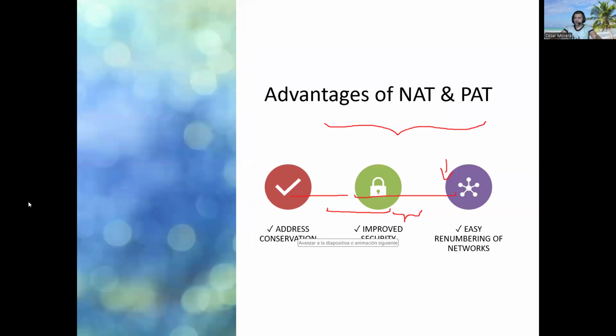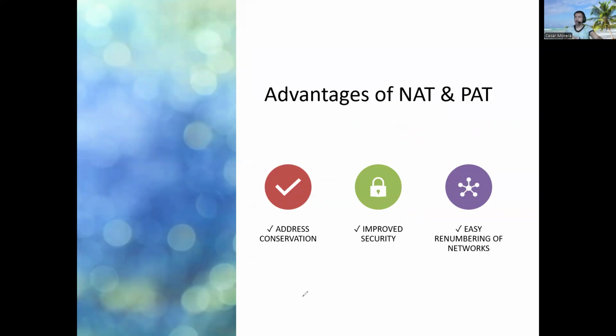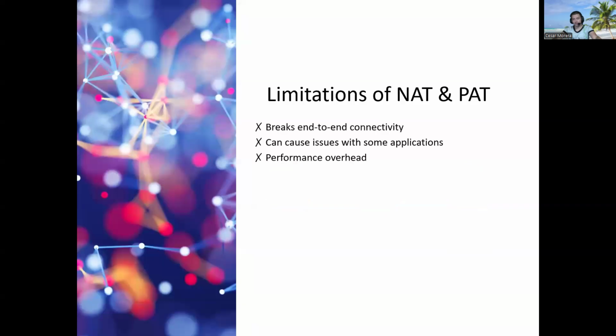Now let's clear the drawing, and what do you think can be an advantage of having NAT and PAT? Some of the advantages are address conservation, improved security, easy renumbering of networks. What can be limitations of NAT and PAT that you can think of?